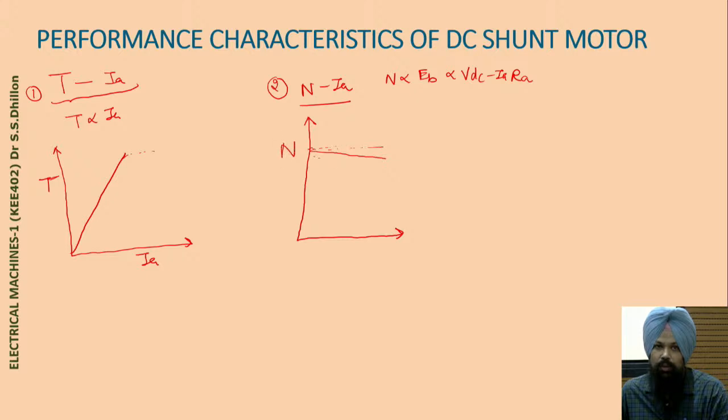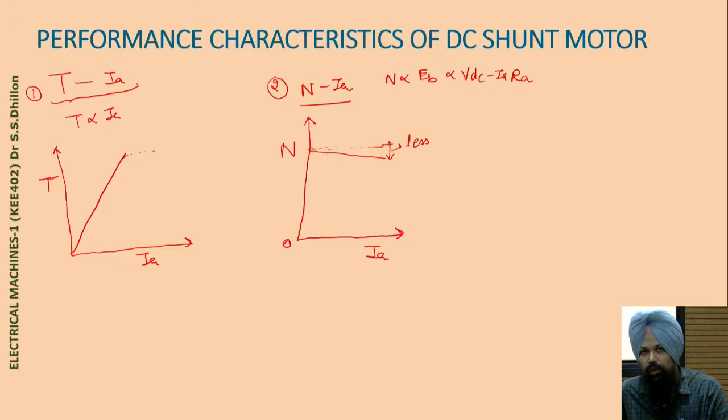This is the speed of the motor, and here we have the armature current. The depreciation or decrement in the speed is very less. That's why this motor is considered a constant speed motor, because the speed is recovered by the increment in the torque and the armature current.